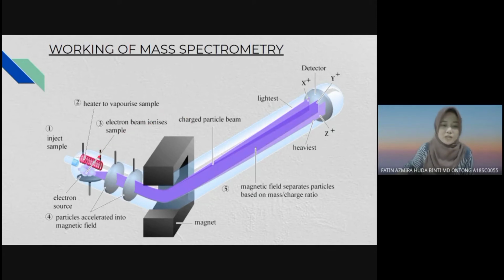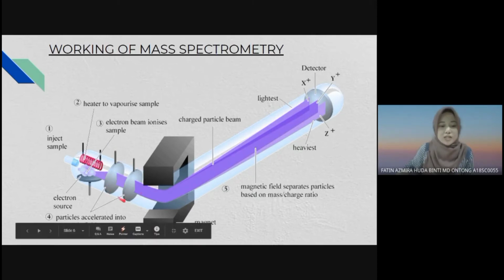From ionizing, the sample will have an electric charge, whether positive or negative. The charged particles will accelerate through the charged plates and then rapidly go into the magnetic field. This magnetic field is used to separate particles based on mass over charge ratio.